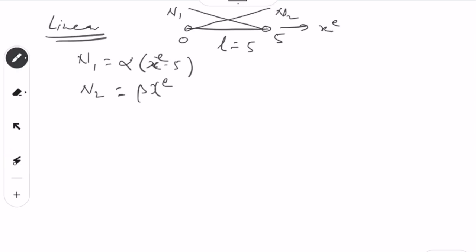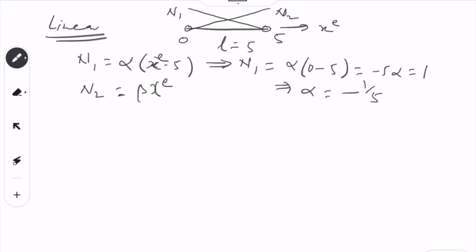From here, we can also see that N1 has to be 1 at 0. So N1 is equal to alpha times 0 minus 5, or minus 5 alpha, equal to 1, and hence alpha equal to minus 1 over 5.